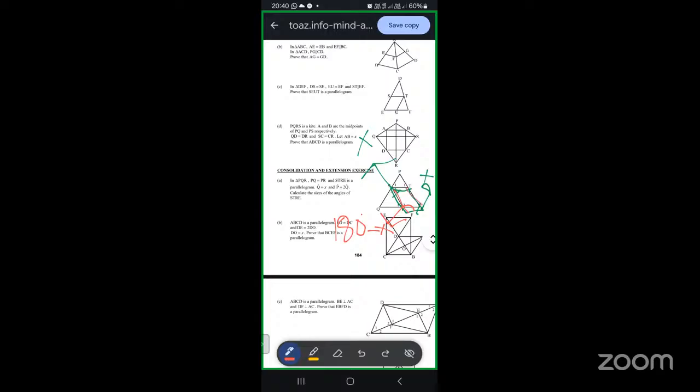And then now what will that angle be there?